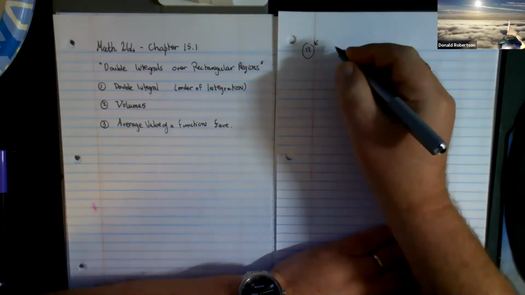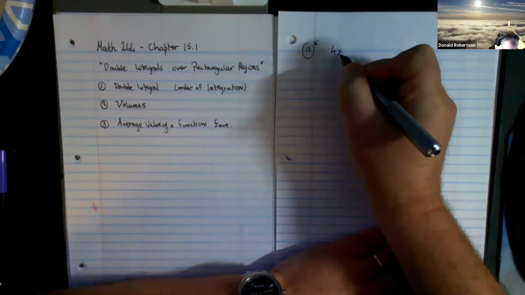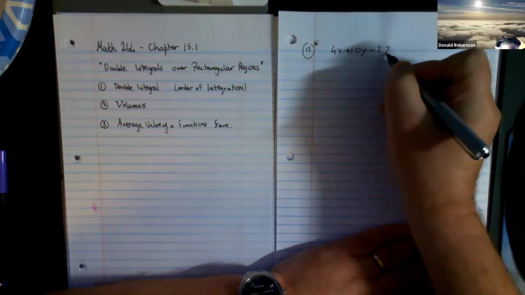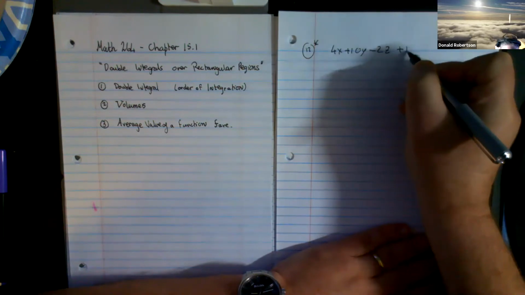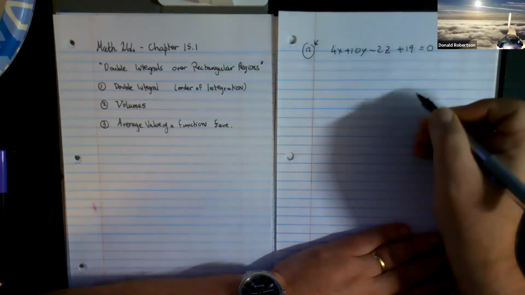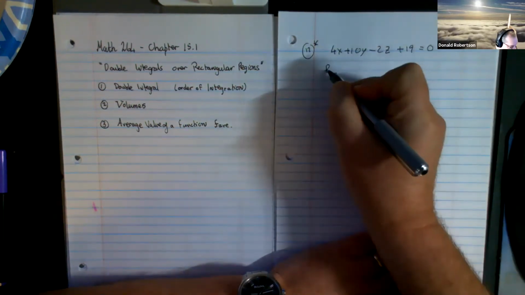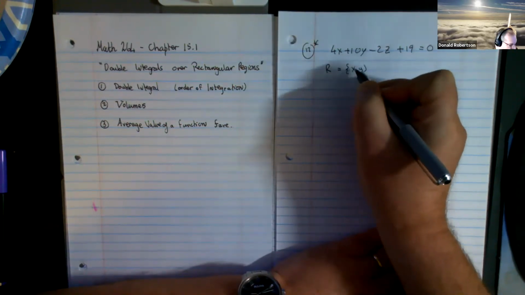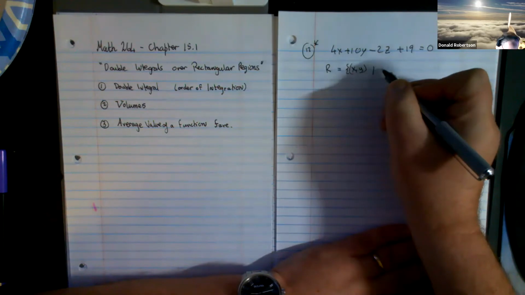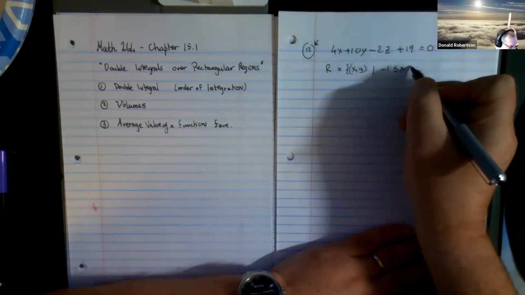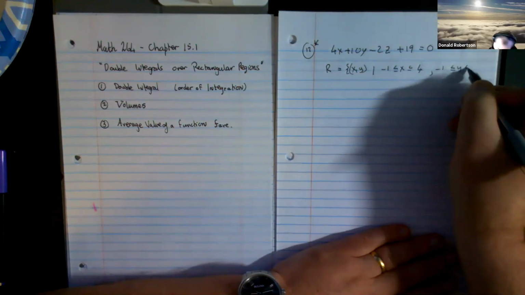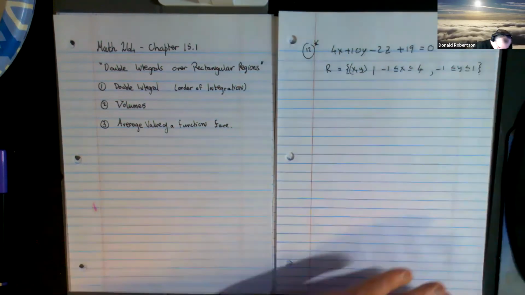And we're going to find the volume of 4x plus 10y take away 2z plus 19 equals 0. And the region on the floor is x between 1 and 4 and y between 1 and -1.